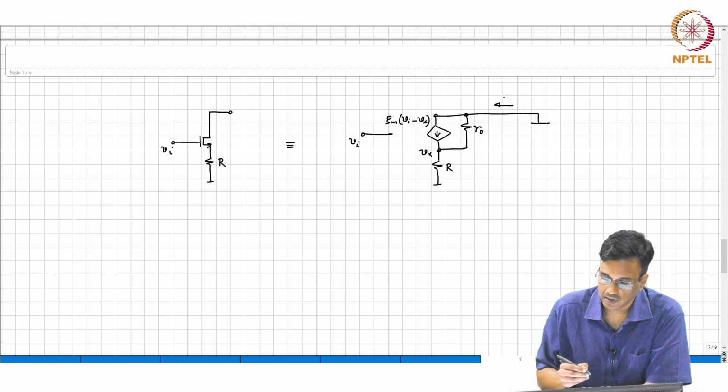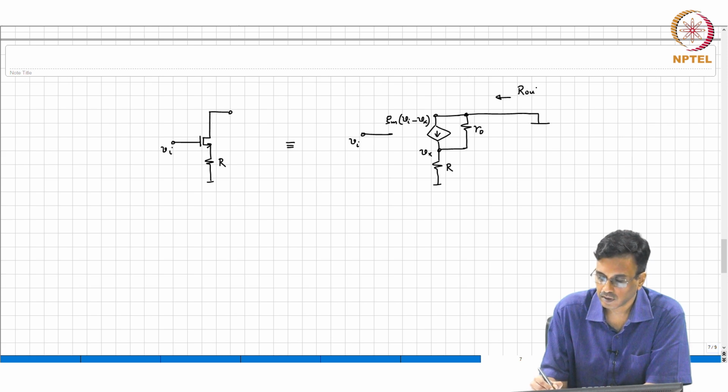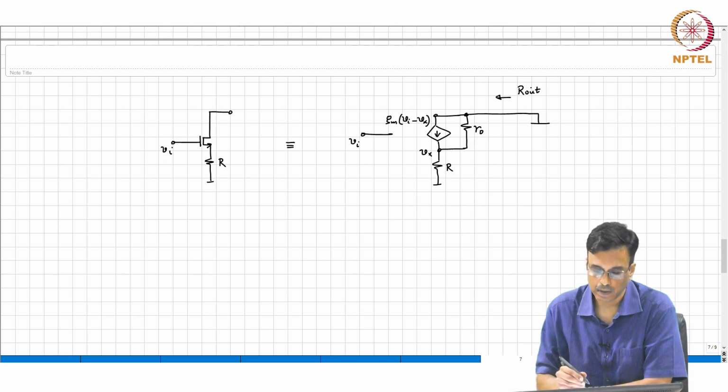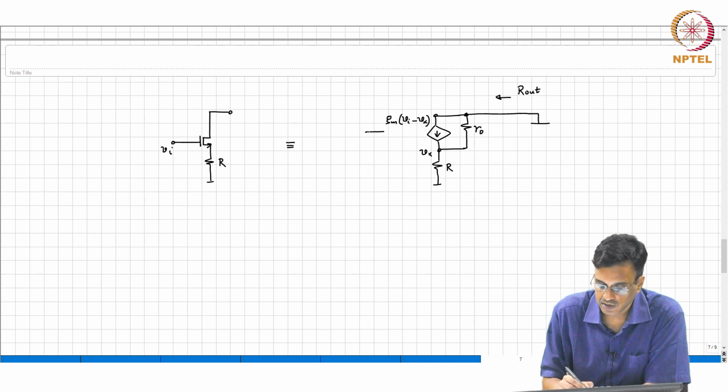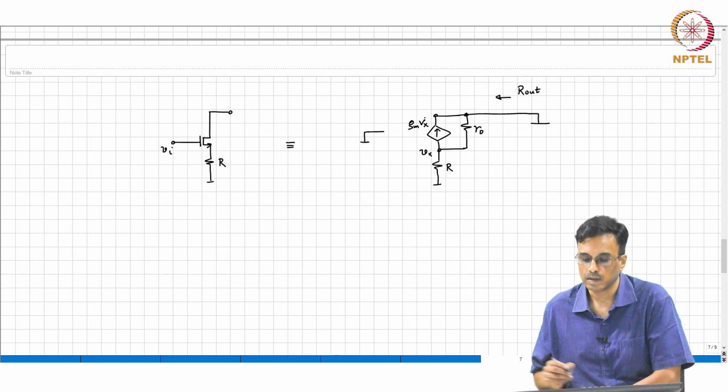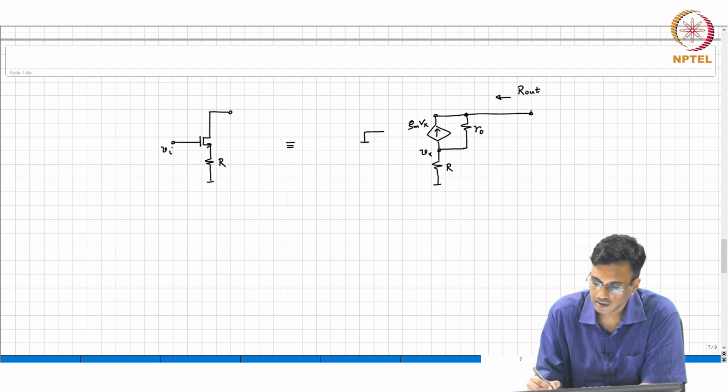So the first question to ask is, what is the output resistance? To find the output resistance, what will we do? You set Vi to 0. So this becomes Gm times minus Vx, which is equivalent to saying this is Gm Vx. This is V test.